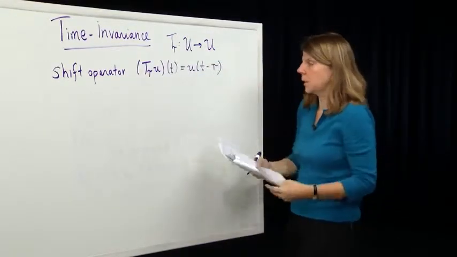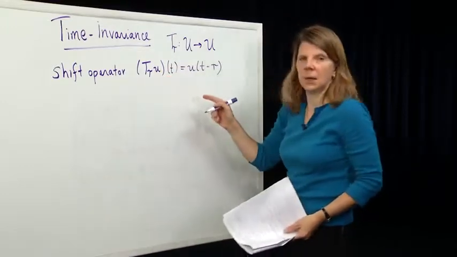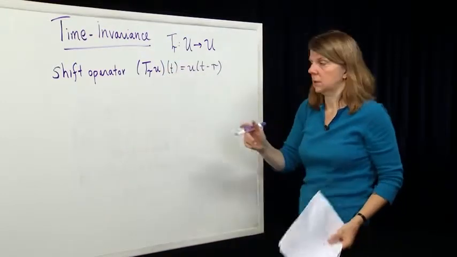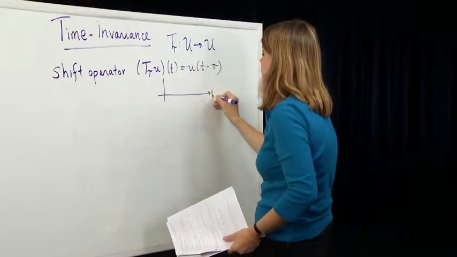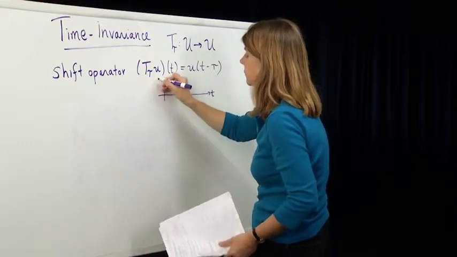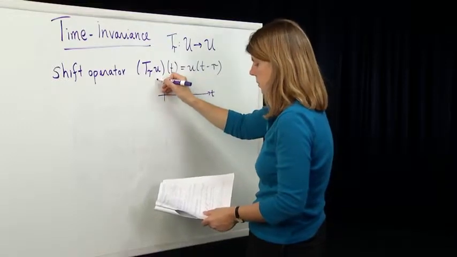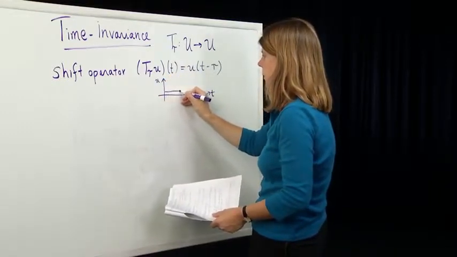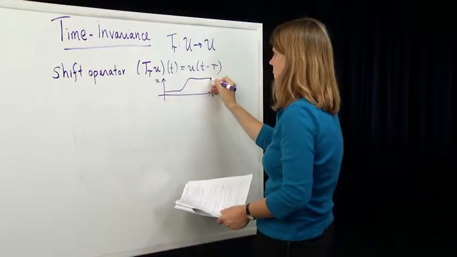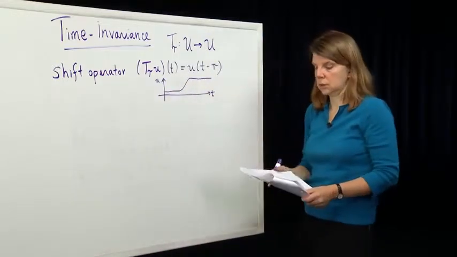I think it's easy to think about it in terms of a diagram. So if this is t, and suppose this represents u of t, so you have some signal, some kind of ramp, for example, and that's what u looks like.